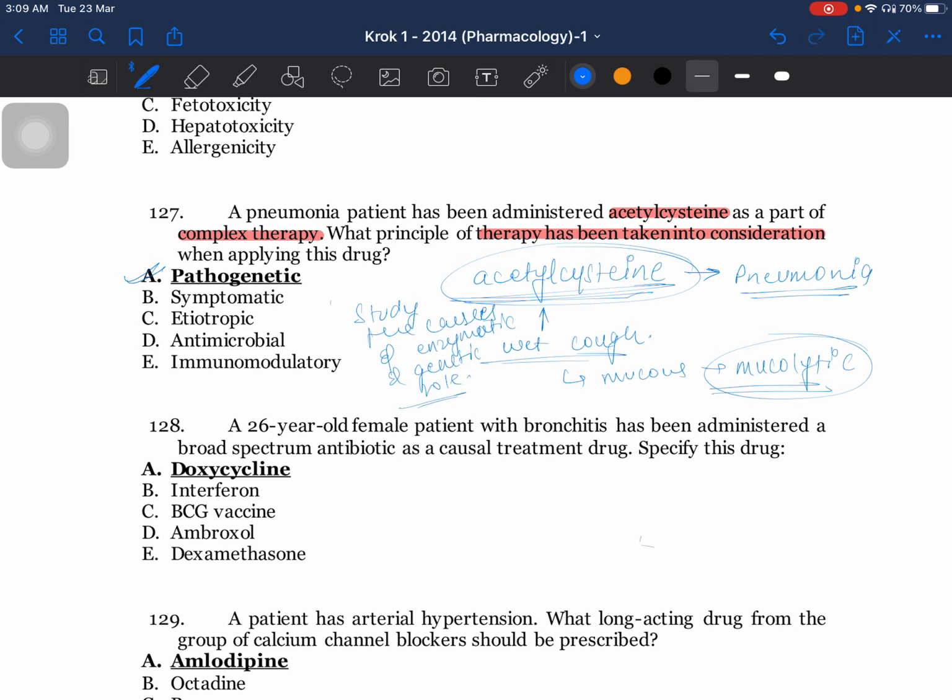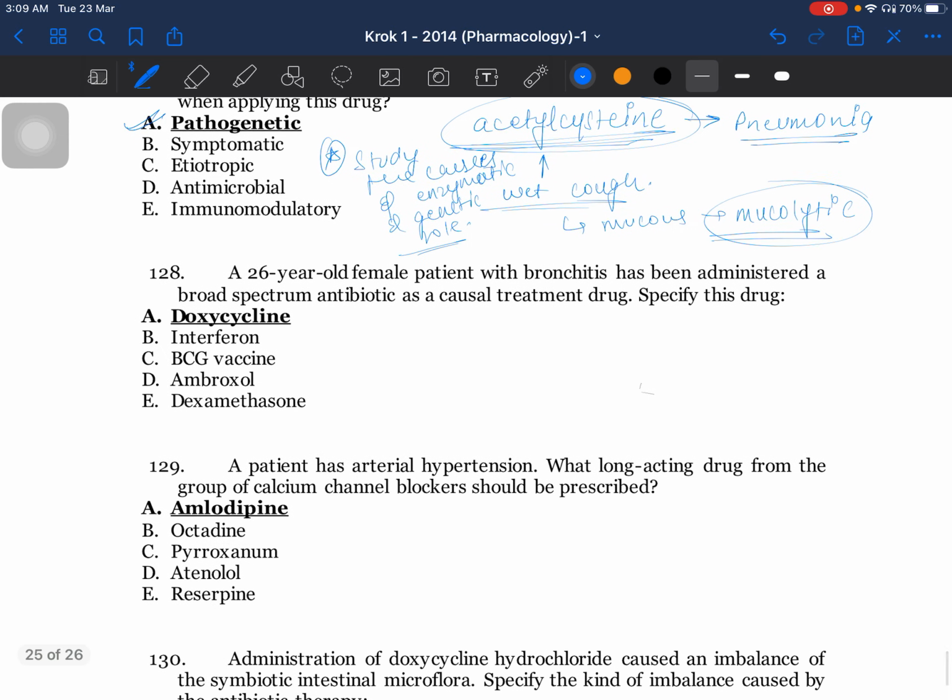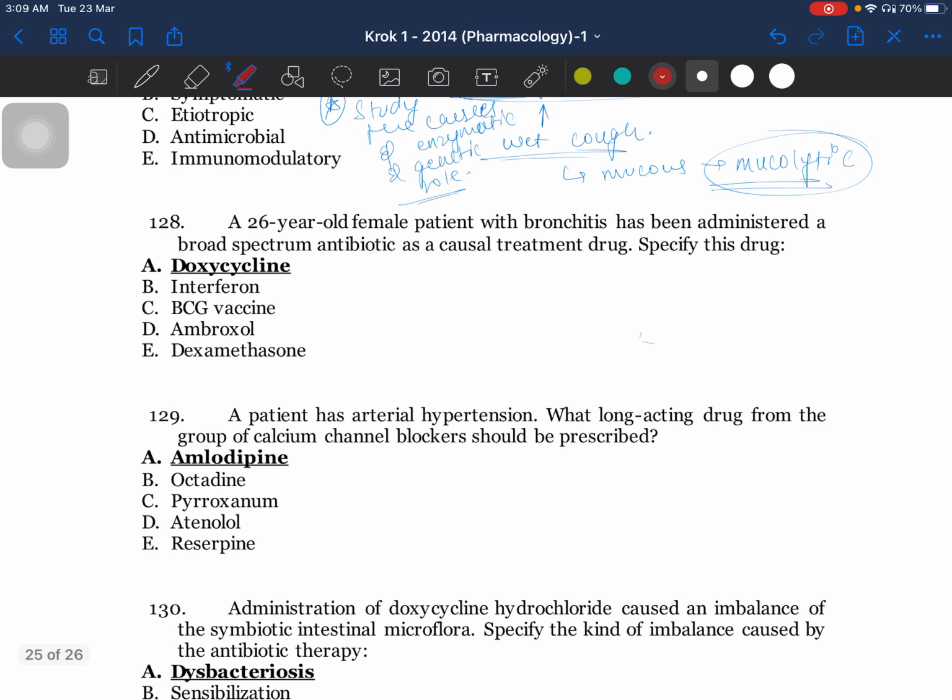Okay, this was all about question number 127. And the next question, question 128, is also a direct question. In that, you have been asked that a 26-year-old female patient with bronchitis had been administered a broad spectrum antibiotic as a causal treatment drug. Specify the drug. So the broad spectrum antibiotic among the following is none other than doxycycline.